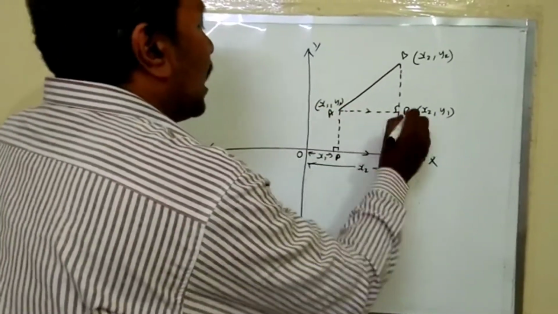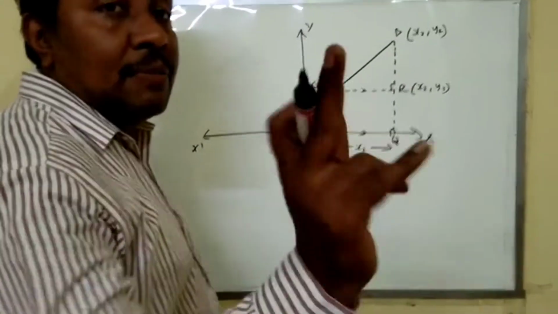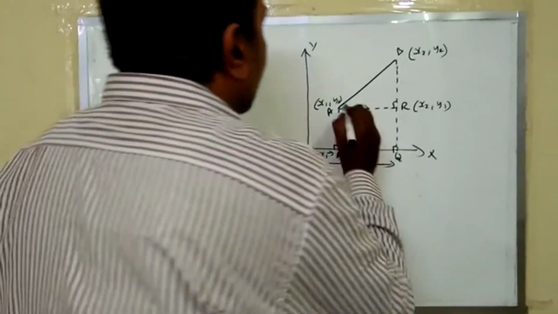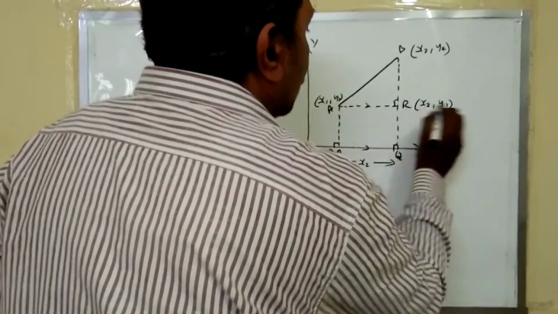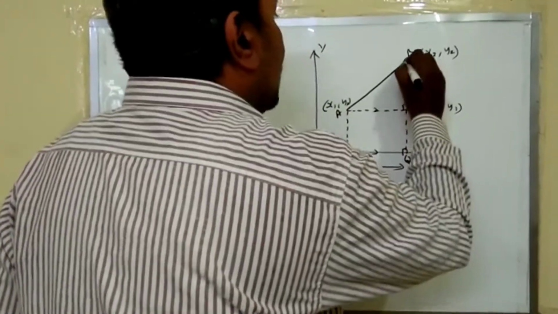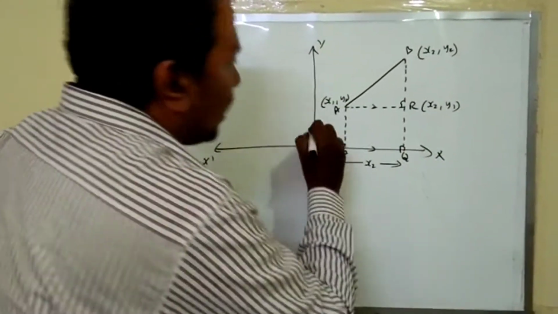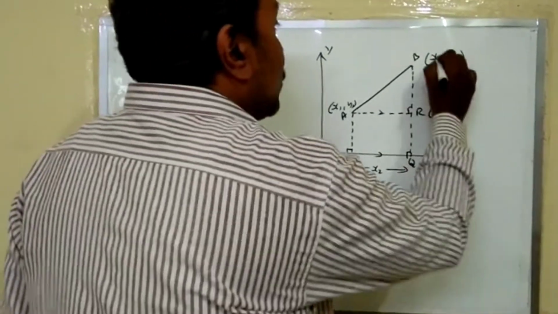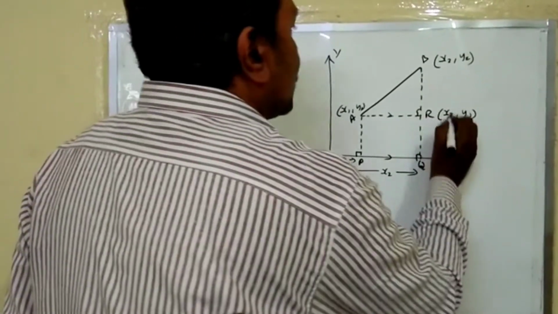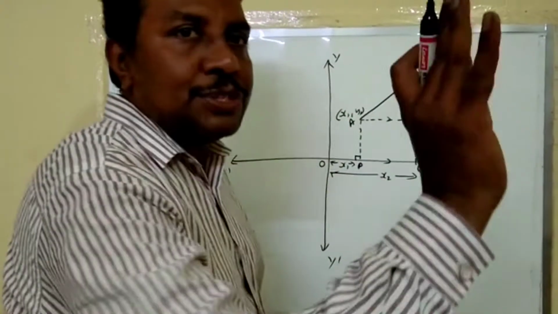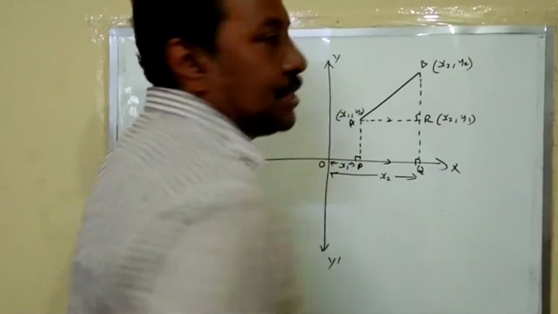Because AR is parallel to the x-axis, the x coordinates change but the y coordinates do not change. So here x1, y1, x2, y2. BQ is parallel to the y-axis, so the x coordinates do not change: x2, x2. The x coordinates won't change, but the y coordinates will change.